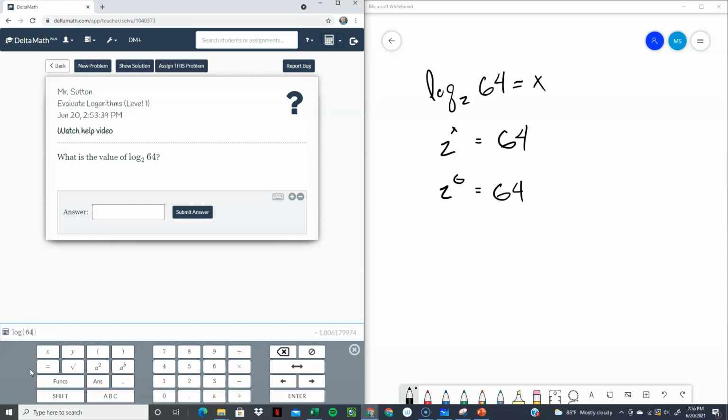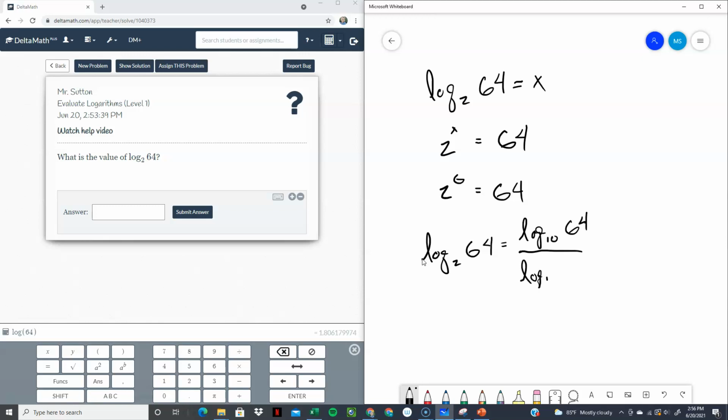But what I can do is this: log base 2 of 64 is equivalent to log base 10 of 64 divided by log base 10 of 2.